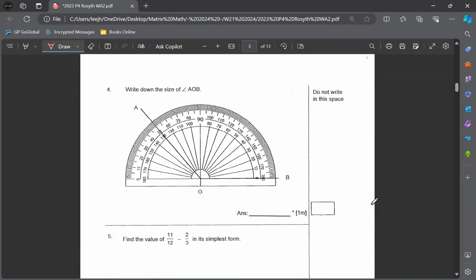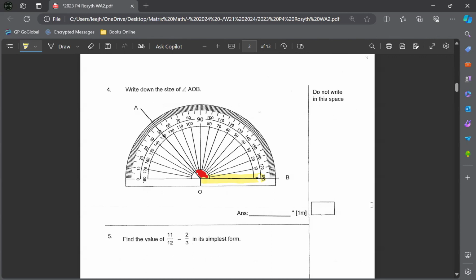Question number 4. Write down the size of angle AOB. So where is AOB? AOB is this. We're looking at this angle. How are you going to read it? The line OB is here, and you can see that the 0 is on the inner scale, not the outer one. Please don't read the wrong scale.